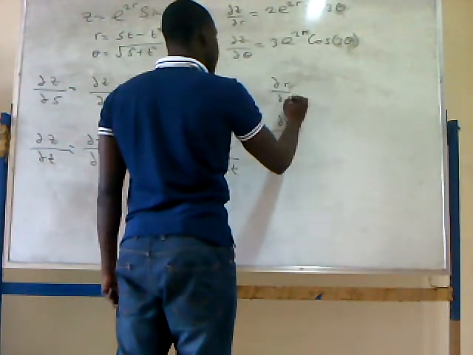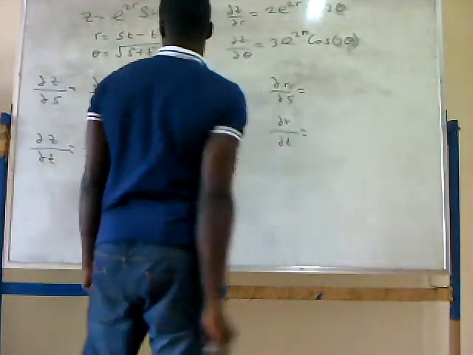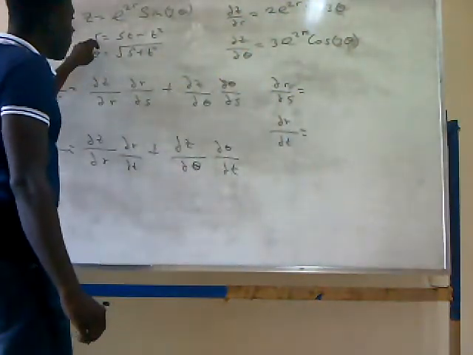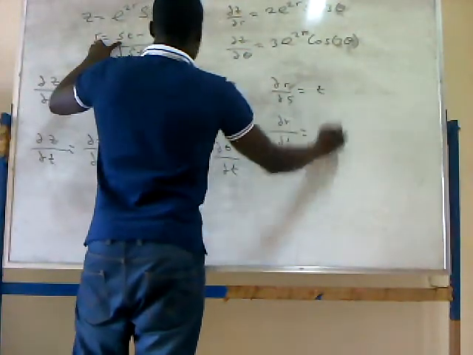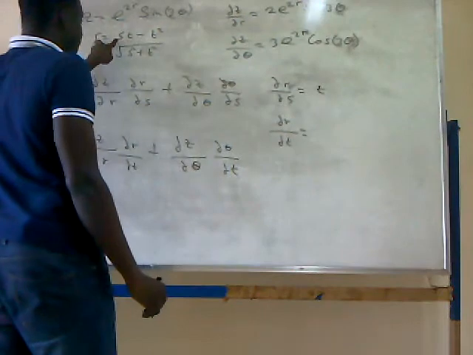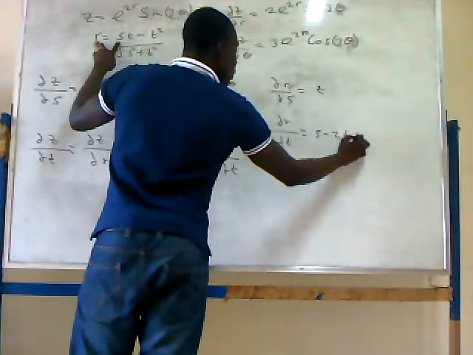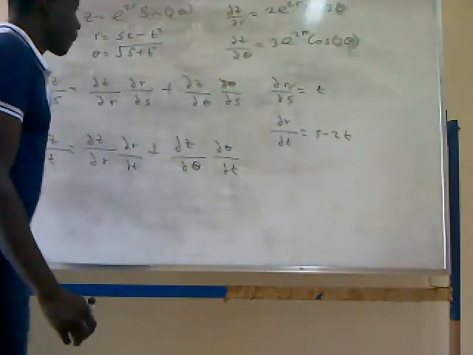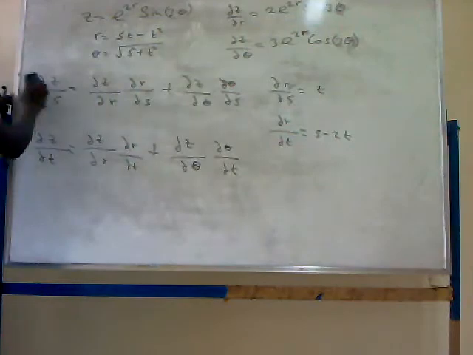Let's go s first. Here s and t. If I differentiate this with respect to s, then I'll get t. If I differentiate that with respect to t, then I'm going to get s minus 2t. I just hope I can clear this part.